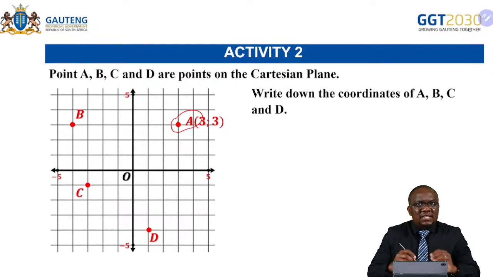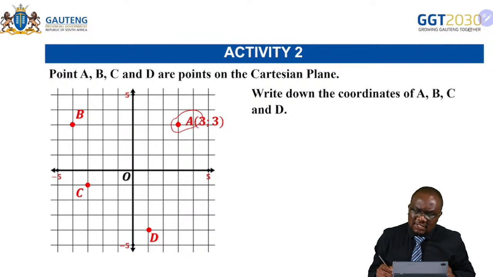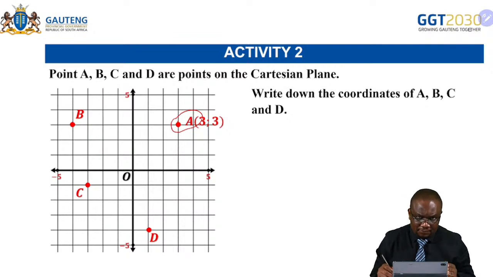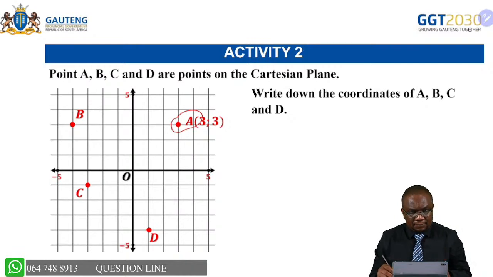So here we can see that in quadrant 1, don't write, I'm going to give you notes, okay? In quadrant 1, x is positive, y is positive. You can see that. Point A is in quadrant 1. X is positive, y is positive. Don't write anything, just listen.